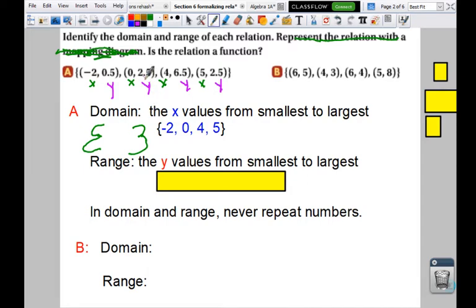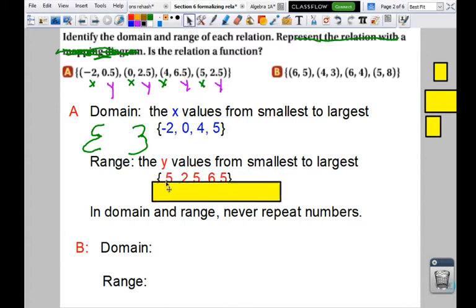And then I have 2.5, but 2.5 shows up twice. When I list my range, I'm only going to write it down once. I don't need to repeat it. So I'm going to go 0.5, 2.5, skip the second one, and go 6.5. So my range is 0.5, 2.5, 6.5. I'm not going to repeat it.